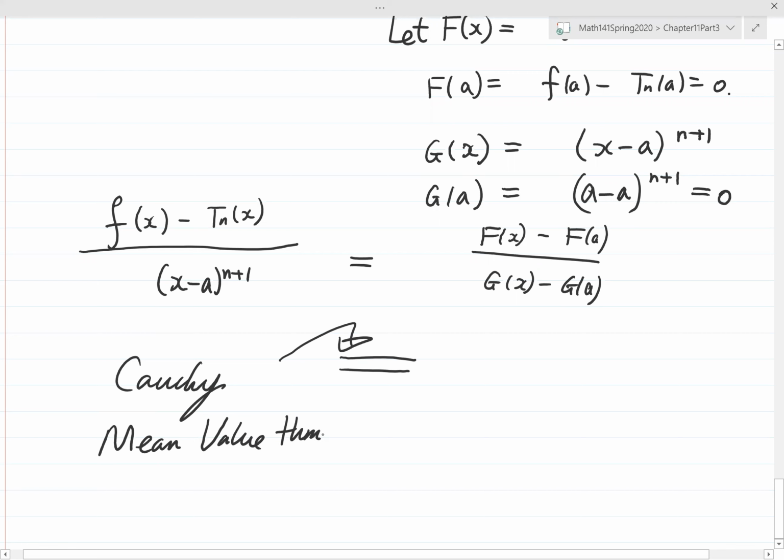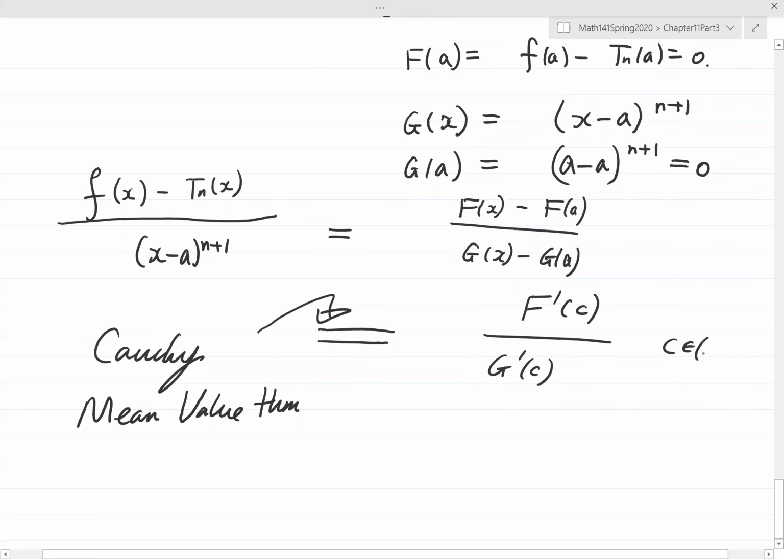If we apply it, we get F'(c) over g'(c), where c lies between a and x.